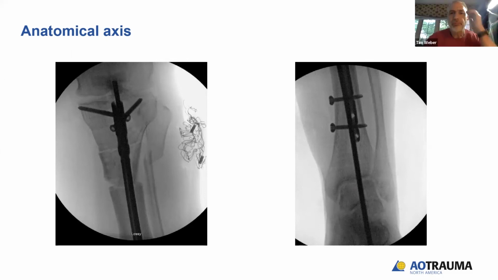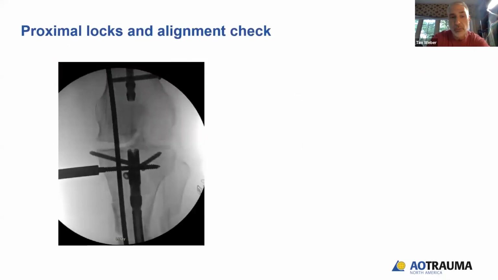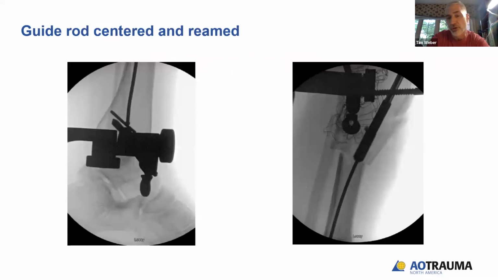Tim, any other thoughts? Sure. I was just curious, when you went back through the case afterwards, the proximal osteotomy there doesn't seem to have opened up very much. Do you think you needed the clamshell, or do you think you could have gotten your alignment with just a single cut?